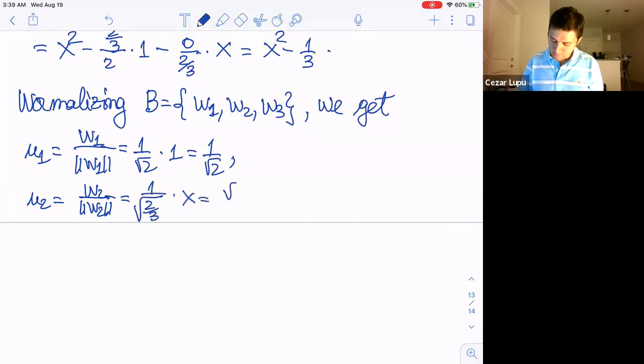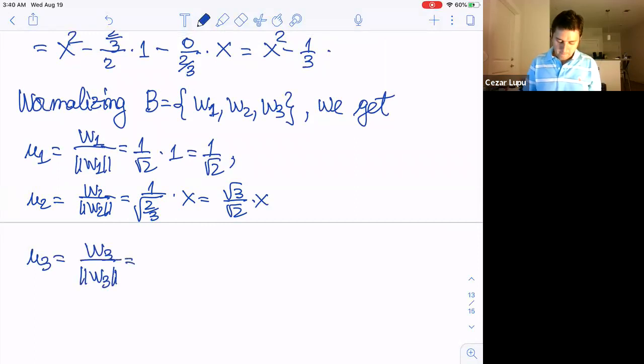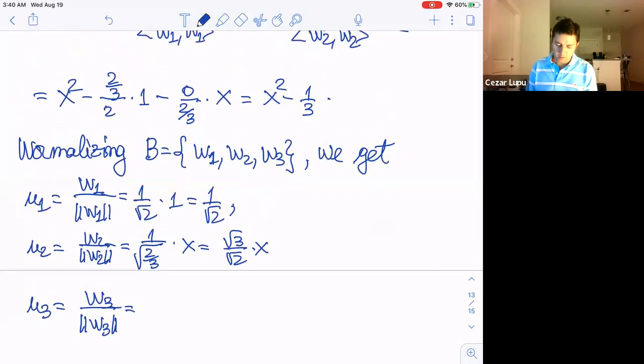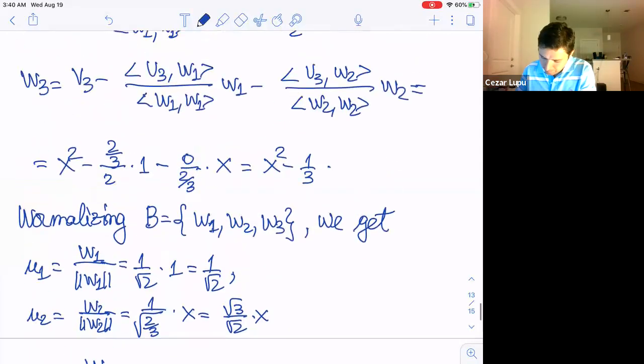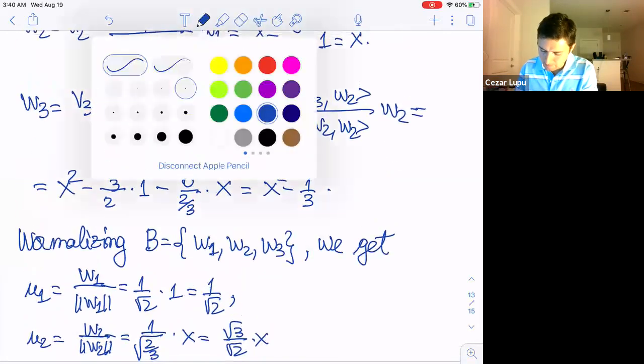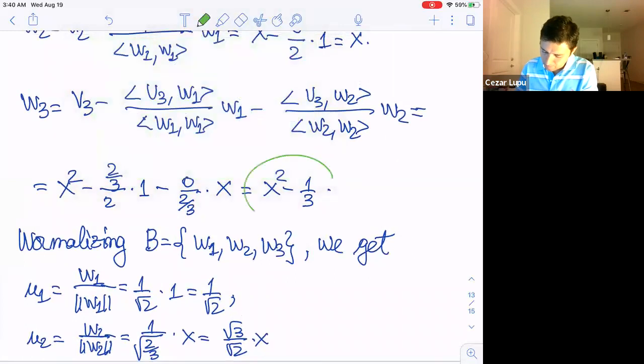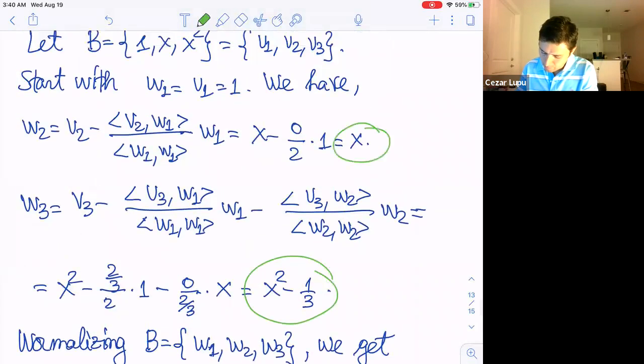Times X, which is square root of 3 square root of 2 times X. And U3 is... this will give us whatever W3. I have this here.